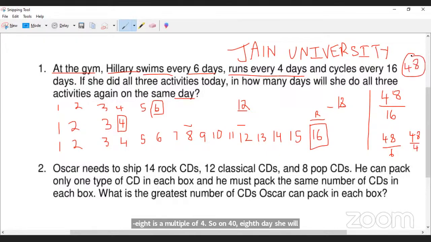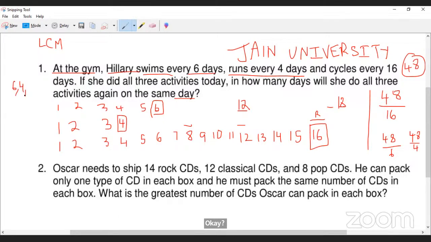Are you clear with that? Or we would find the common multiple of all the three by the method. Yes, we call it the least common multiple. Okay, so that is 6, 4, 16.